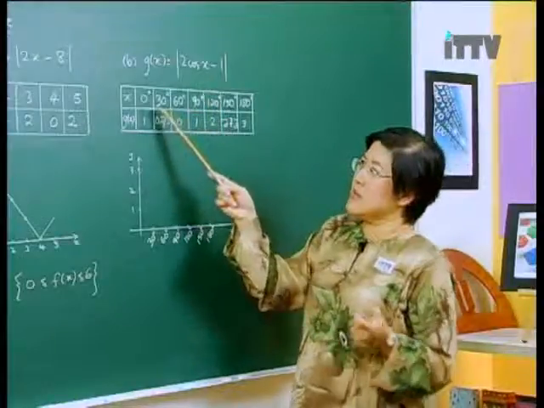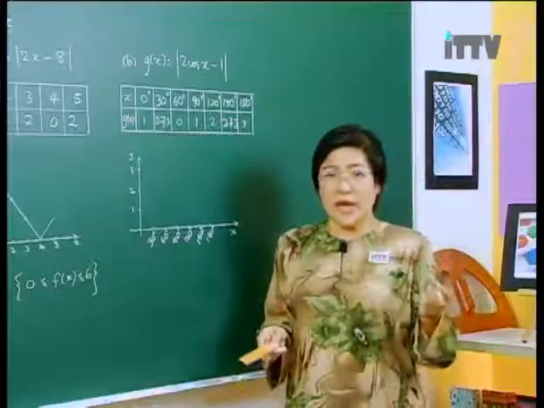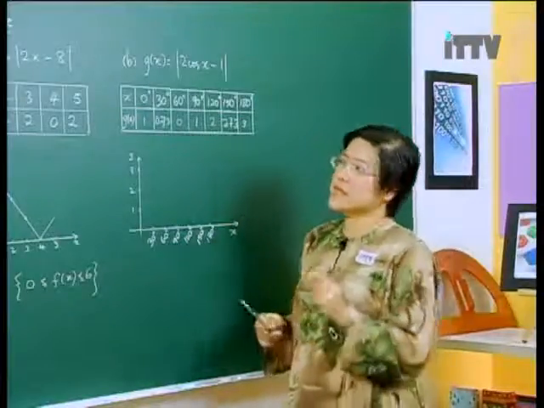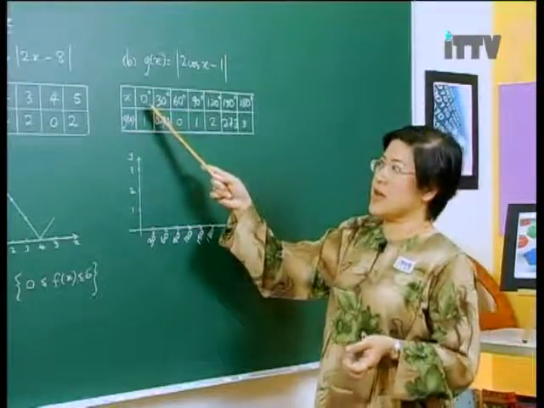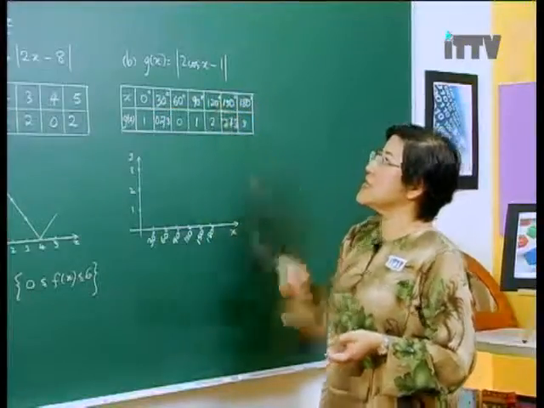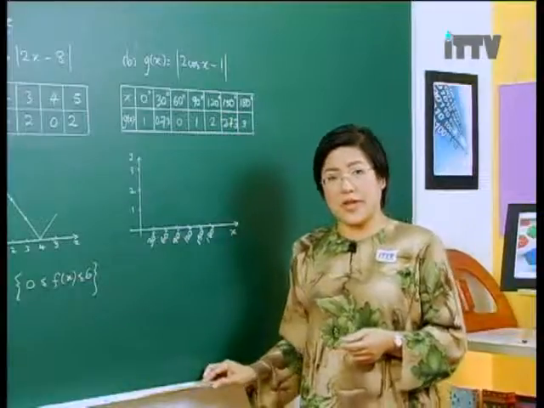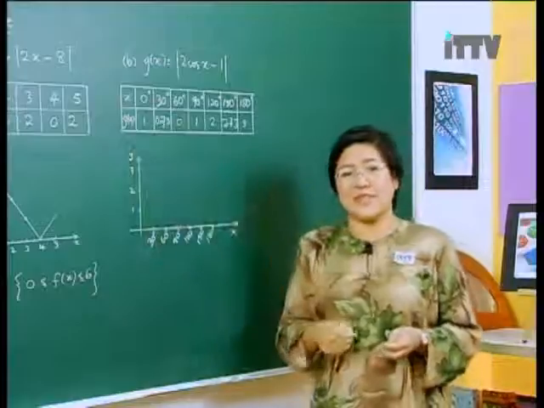The more values we have, the better, because the graph will be much smoother, but we also don't want to overdo it. So the x values that have been chosen are 0 degrees, 30 degrees, 60, 90, 120, 150, and finally 180, since the domain of x is values which lie from 0 to 180.